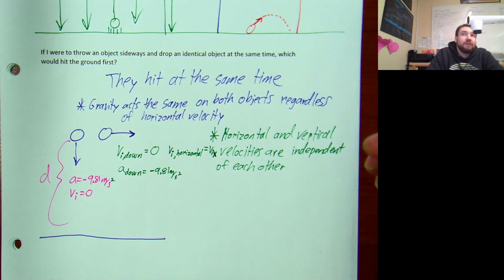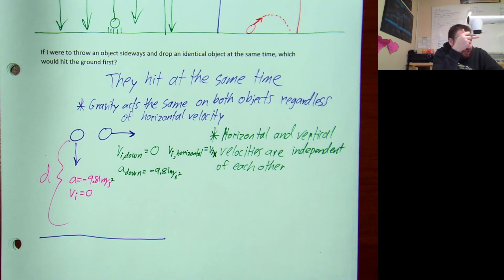Can we talk about the acceleration horizontally? Assuming we ignore air resistance, what's the acceleration horizontally? Think about the ball rolling off the table. Was there any acceleration to the ball rolling off the table? There was no acceleration on the ball as it rolled off the table.